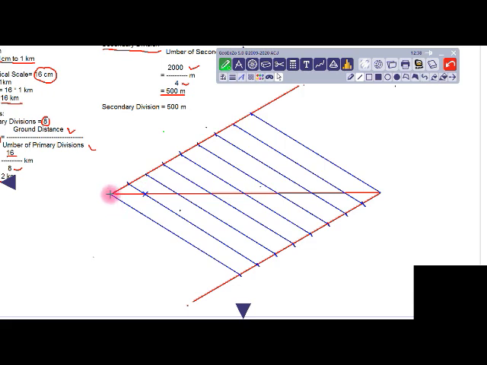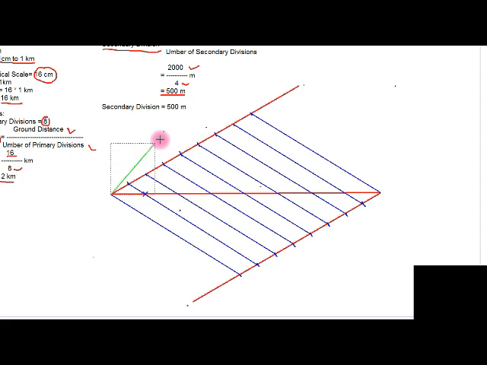This is not good, so I'll repeat it. Put it here properly and draw the diagonal line over here. Yes, and the other diagonal line you have to draw from this to here.